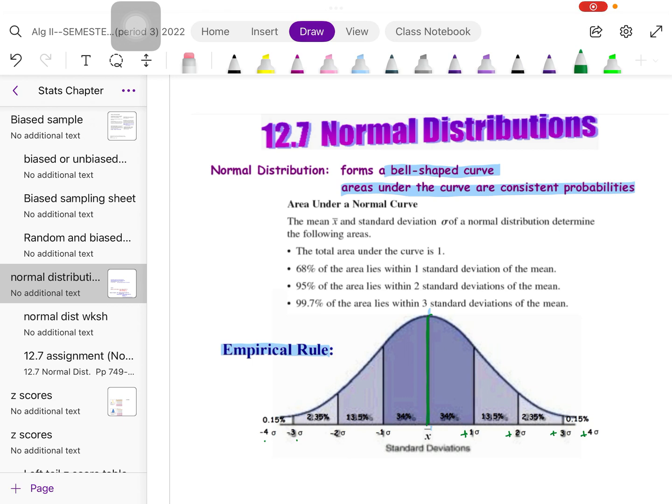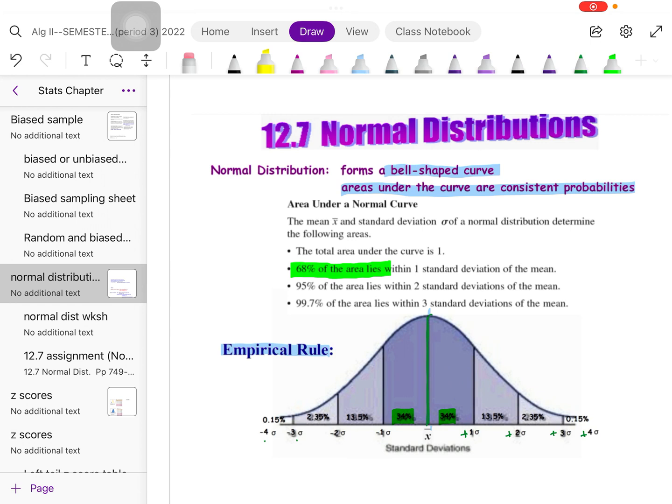So if it is going to be symmetric, from the mean to 1 deviation is 34% of the data. So that would be 34% to the left as well. So between 1 deviation on either side of the mean, that gives us 68% of the area.